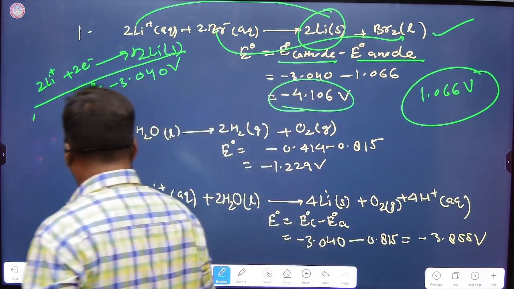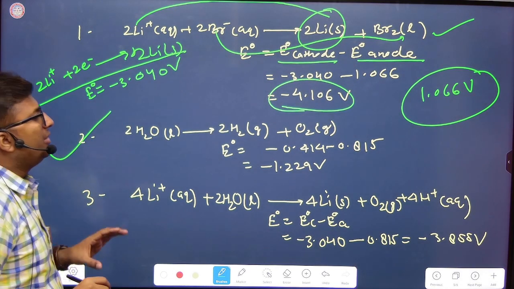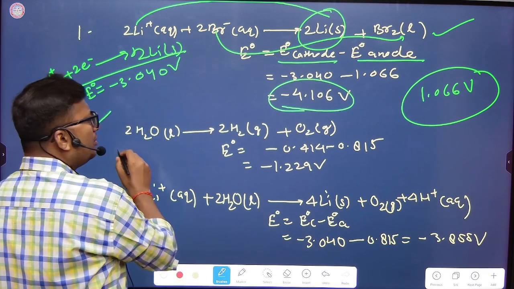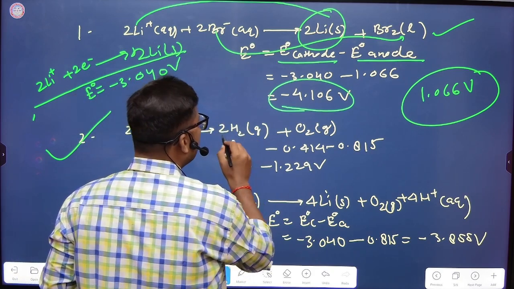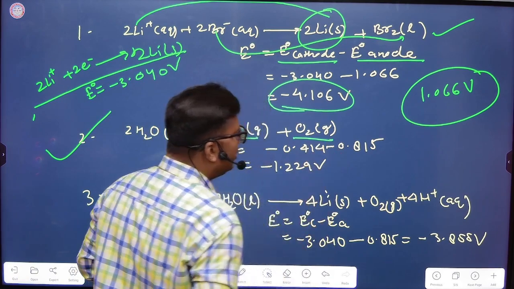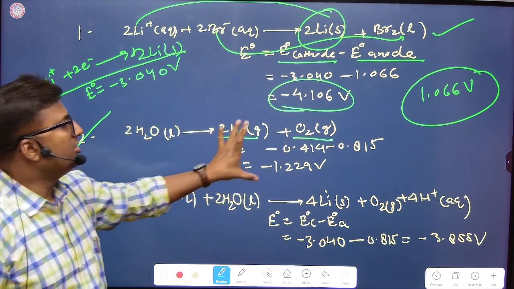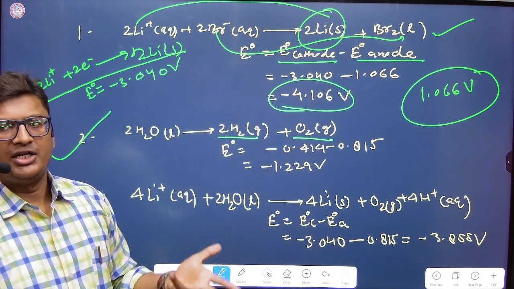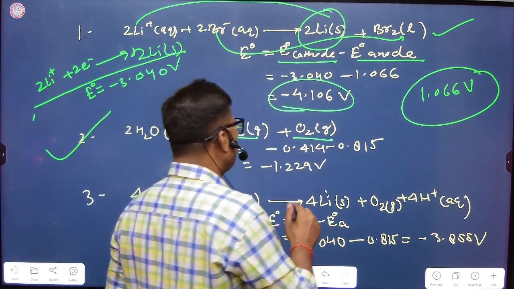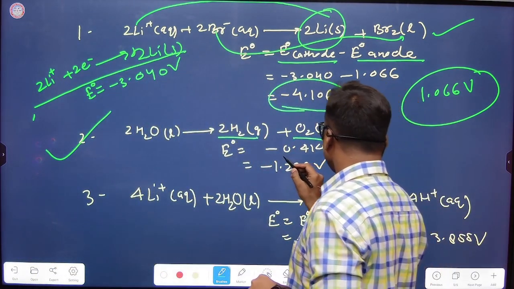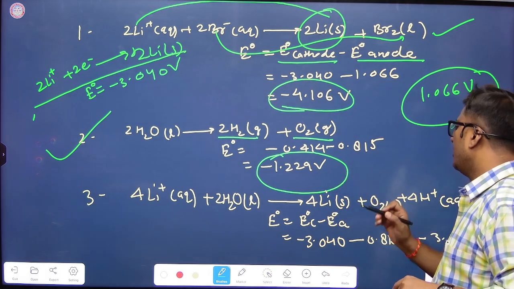Another possibility is that water may be decomposed to form hydrogen gas and oxygen gas. So if the electrolysis produces hydrogen gas and oxygen gas, then what will be the resultant potential? In the case of water decomposition, the overall potential is again minus 1.229 volt.